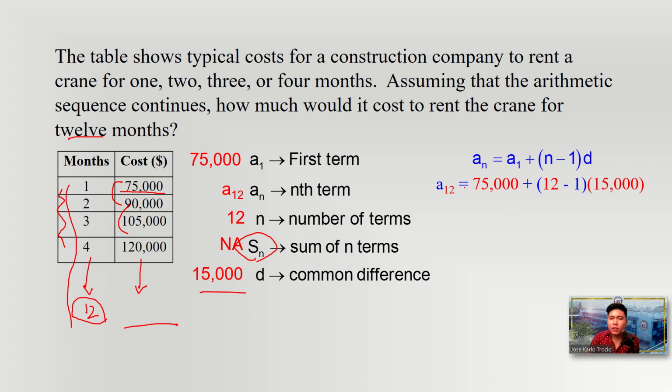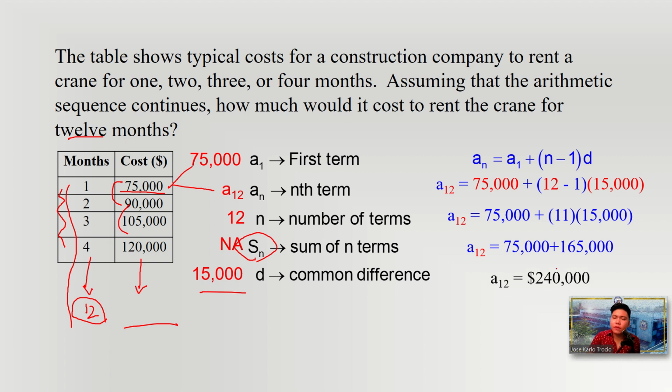So the first term is 75,000, the number of terms is 12, the common difference is 15,000. 12 minus 1, that is 11. 11 times 15,000, that is 165,000, plus this, that is $240,000. That is the cost that they will be paying for rent after 12 months. That's it.